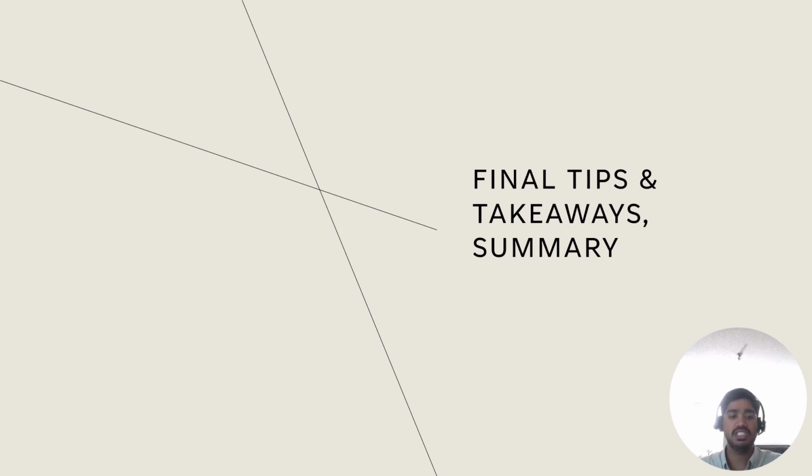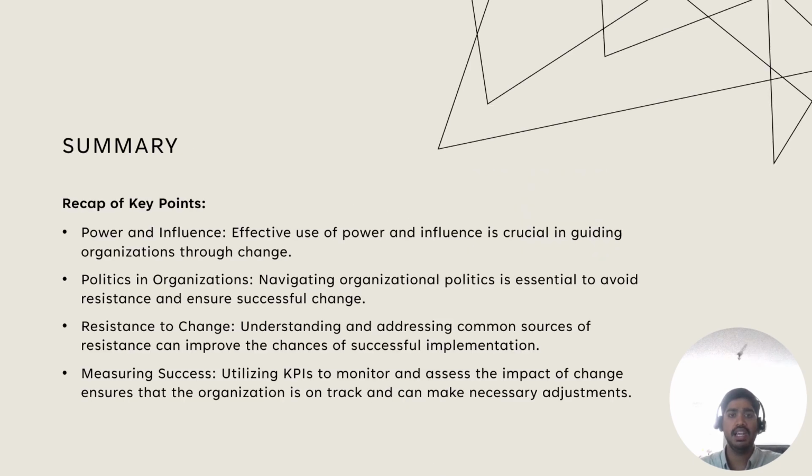The final tips, takeaways, and summary. I discussed how power and influence are effectively used in guiding organizations through a change. Navigating politics in an organization and embracing them is more important than resisting them.